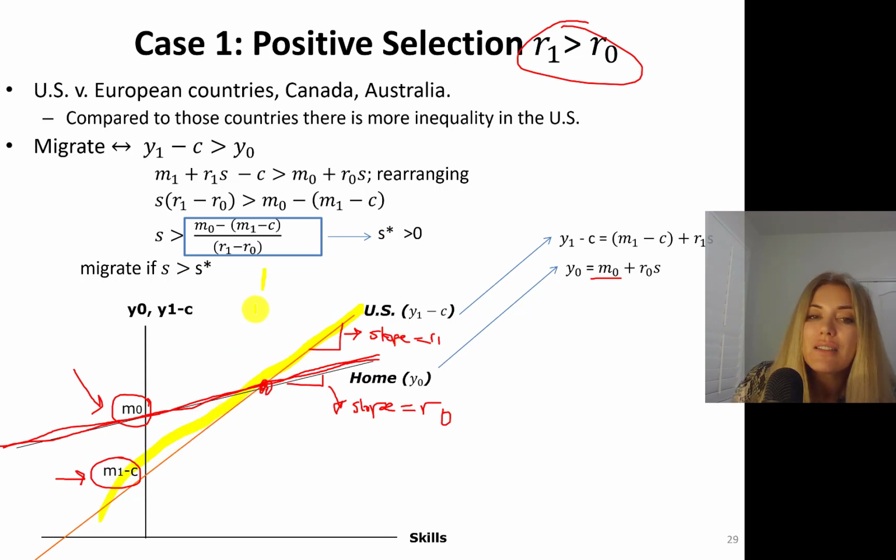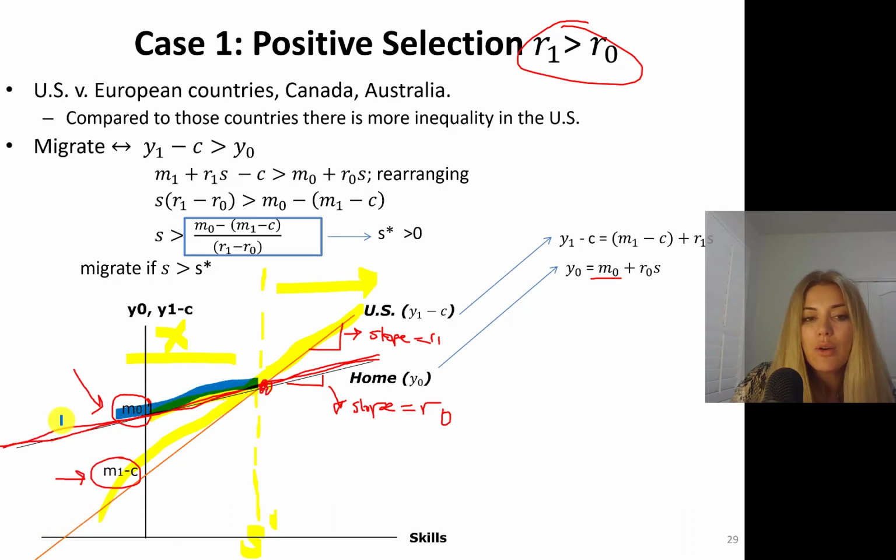In the United States, the return to skill exceeds the return to any skill level in this range. So these people will migrate. This is the S star. And these people won't migrate. Why would I migrate? This is how much I'm getting at home. I'm going to use a different color.